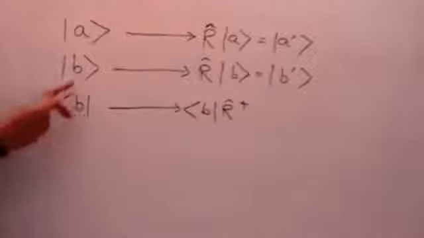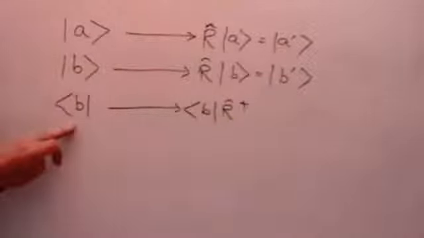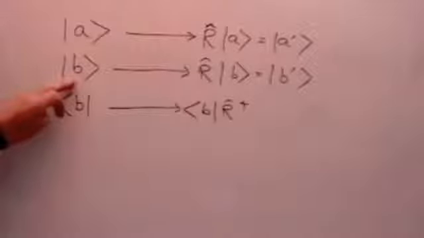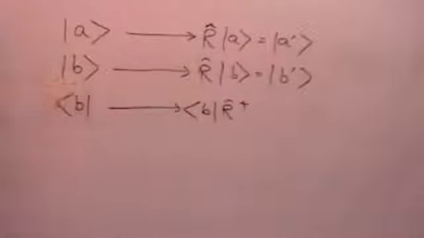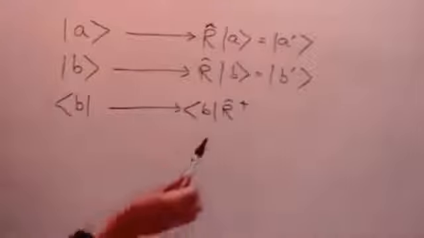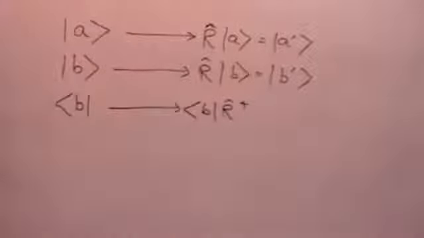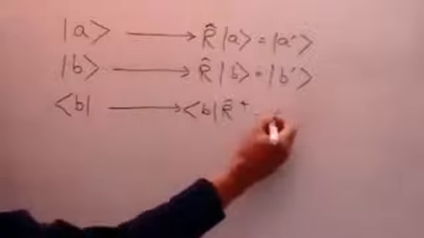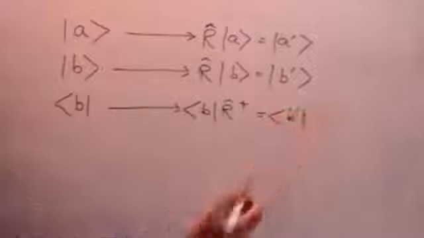Remember, the bra vector of B is the complex conjugate of the ket vector B. But when you do a complex conjugate of an operator, you take the Hermitian conjugate, which is essentially the transposed complex conjugate of the operator. And that is going to produce, of course, a bra vector state of B prime.